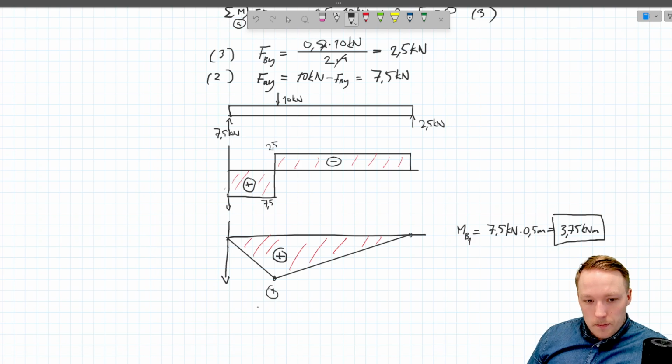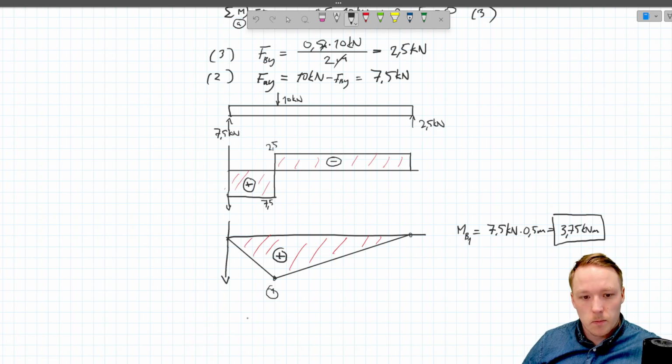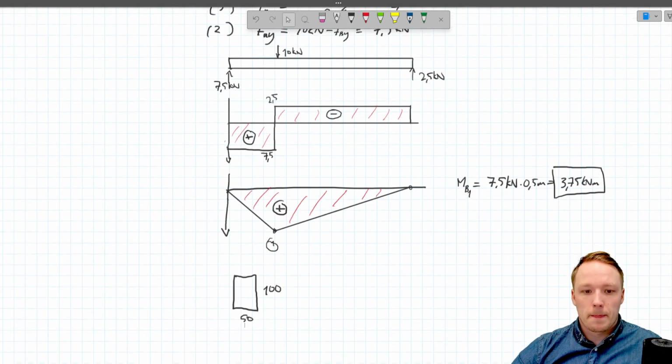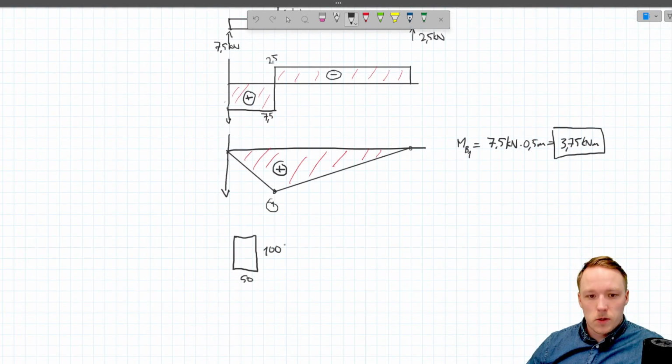Well, now when we want to calculate the stress in the profile, we are going to be needing the second moment of inertia of the profile. In this example, the profile was simple, a rectangular profile like so. The height of the profile was 100 and the width was 50, like that. So this is the height, this is the width.